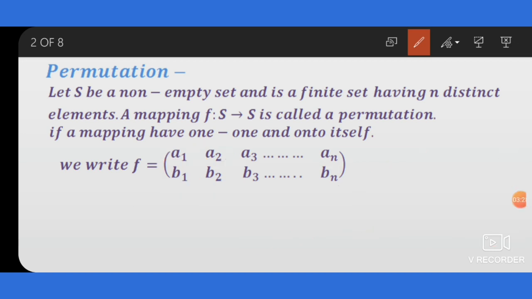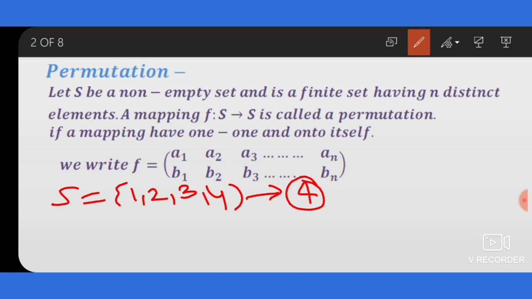If a set S equal to {1, 2, 3, 4} is a finite set having 4 elements and degree 4, then f equal to (1, 2, 3, 4 in the first row and 1, 3, 2, 4 in the second row).